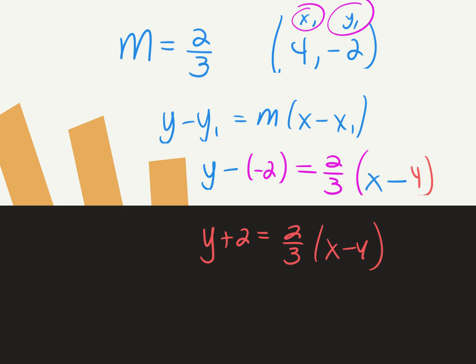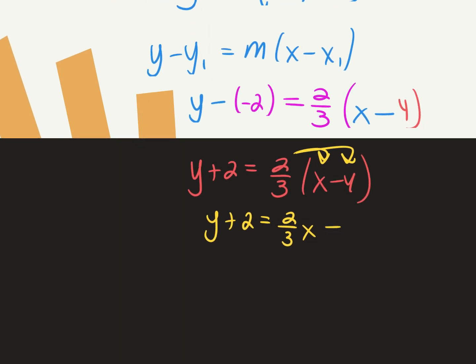Well, what if you had to answer this question in y equals mx plus b? Can you algebraically manipulate this to be y equals mx plus b? Yeah, what would I do with the 2/3? Distribute it, okay. So I have y plus 2 equals 2/3 x minus 8/3, good. Hardest part of this is you're going to have to add or subtract a fraction.